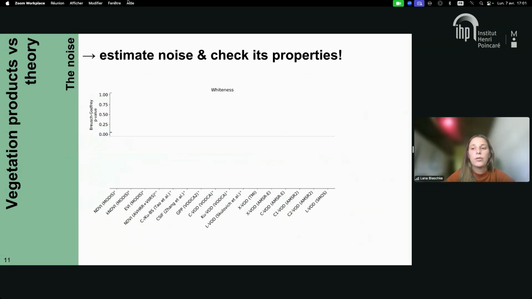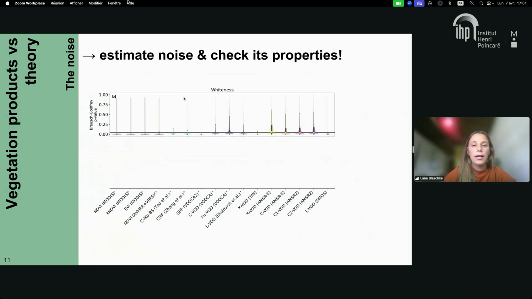The first thing that we are interested in is whether the noise is white, so whether it's not autocorrelated. So we use the Breusch-Godfrey test on the noise time series that I showed before, and we plot its p-value. If the p-value is very low, then we can be pretty sure that the noise is not white, so it's probably autocorrelated. And these are the results for all of our data sets.